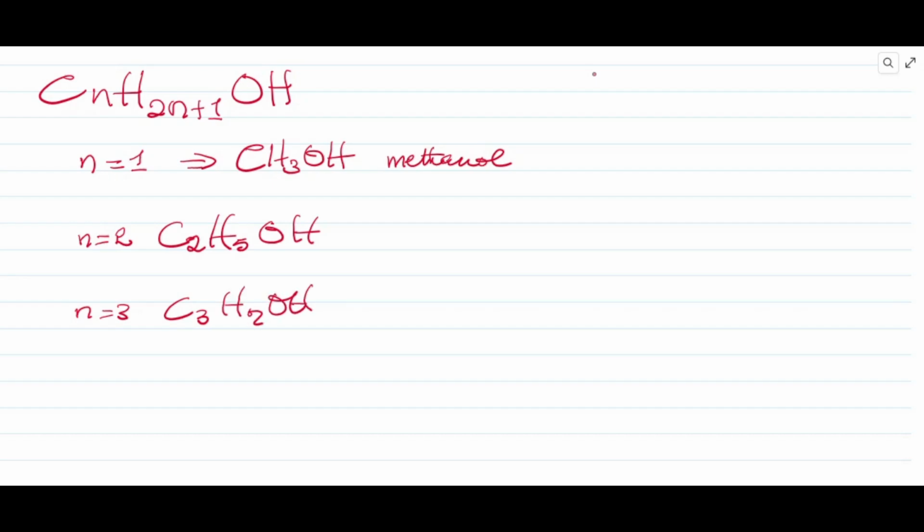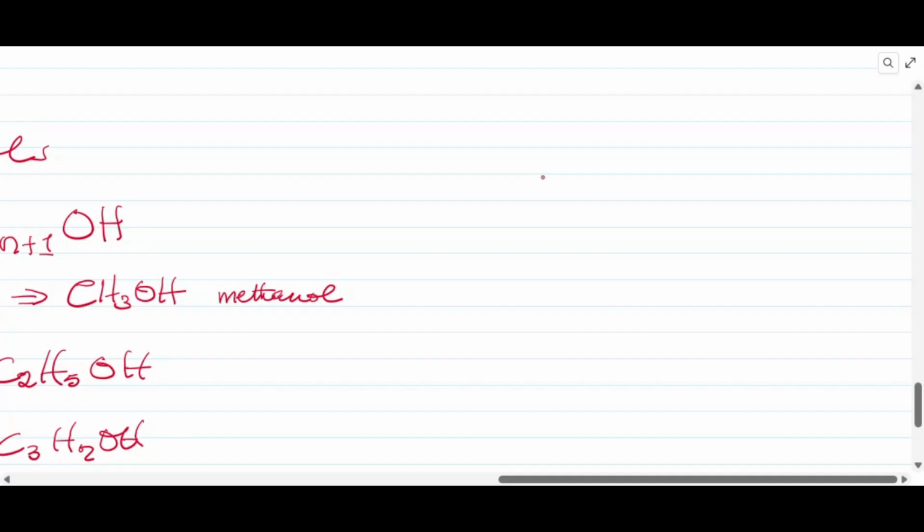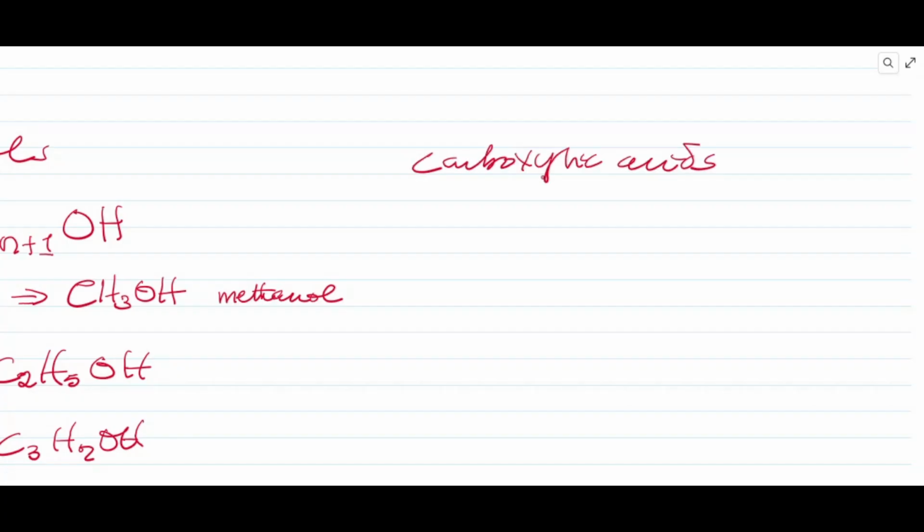n equals 3, C3H7OH, propanol. And for the next family member, which is going to be carboxylic acid, the general molecular formula is just like that of alcohol, CnH2n+1, but instead of OH, it's going to be COOH.